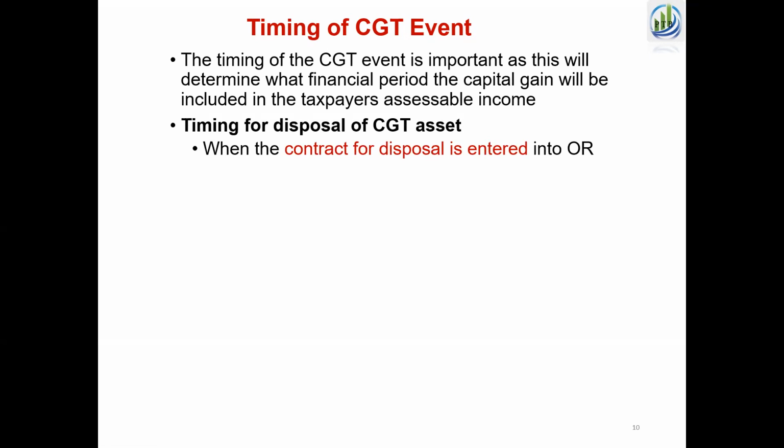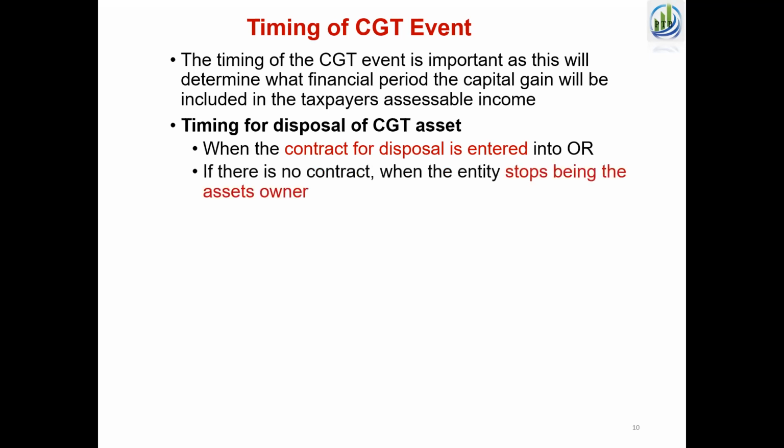That's the day the client becomes liable to pay the capital gains tax. The day he signed the contract, or the ownership stopped, or you transferred the ownership to another party, whichever is first, we normally consider it as the CGT event.